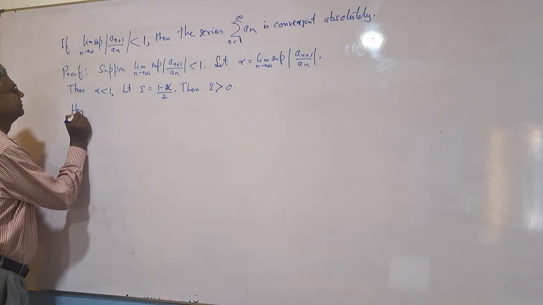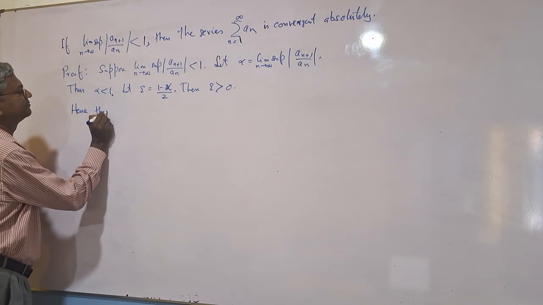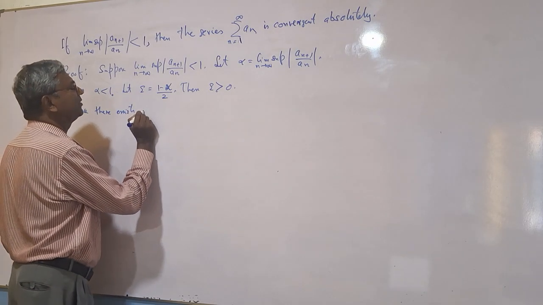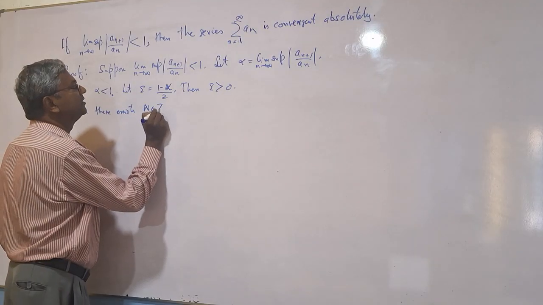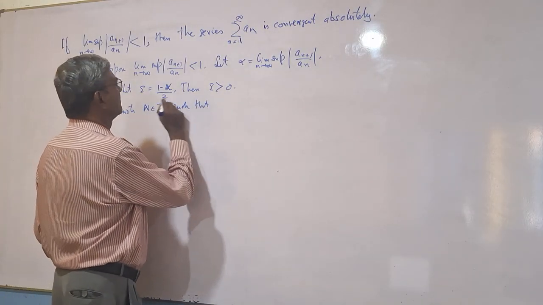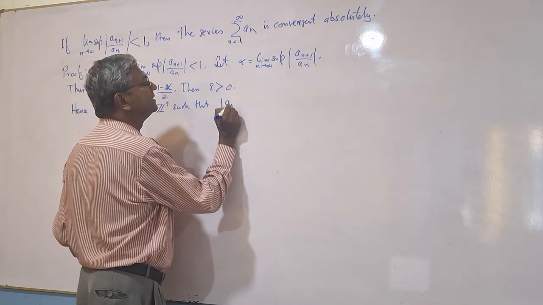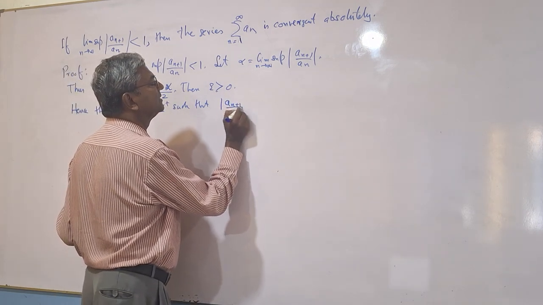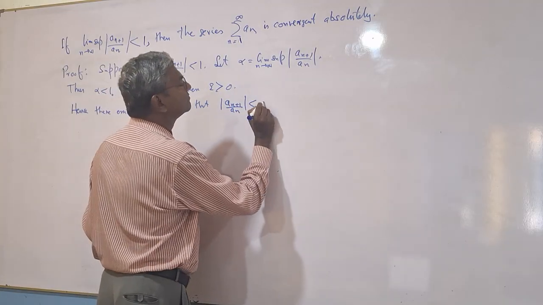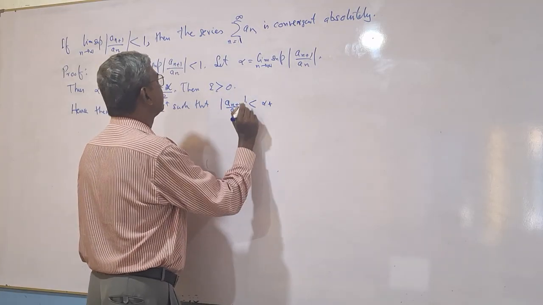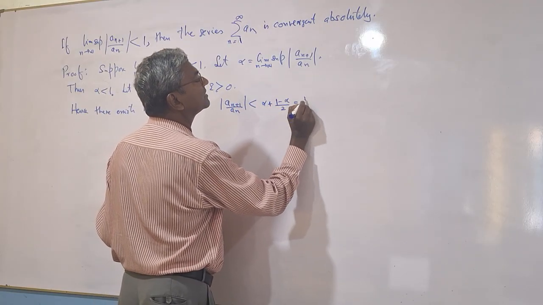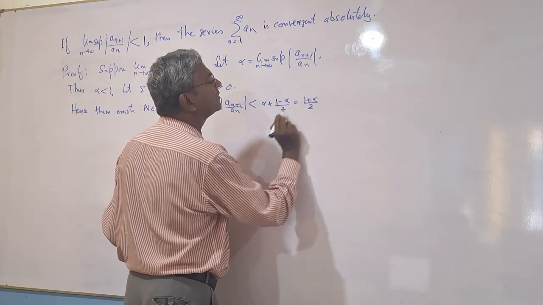Hence there exists a capital N in the positive integers such that |a_{n+1}/a_n| is strictly less than alpha plus epsilon, which is exactly (1 plus alpha) divided by 2.